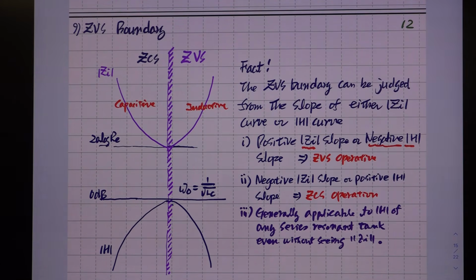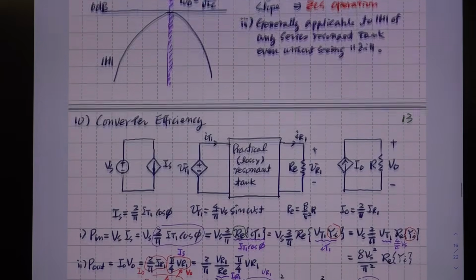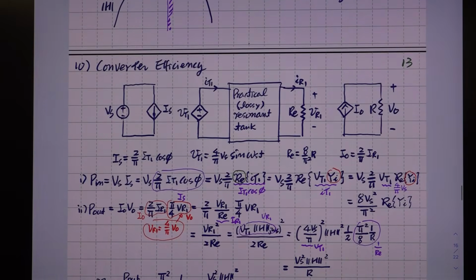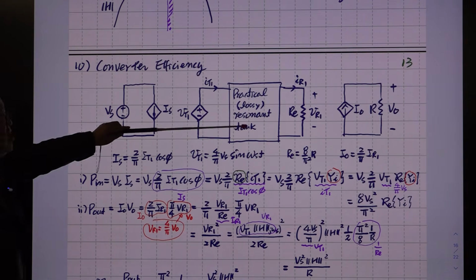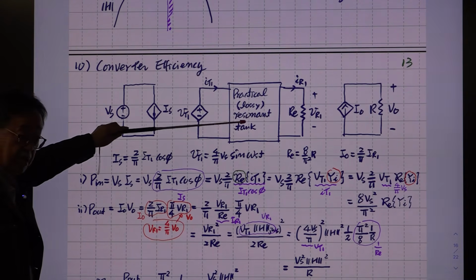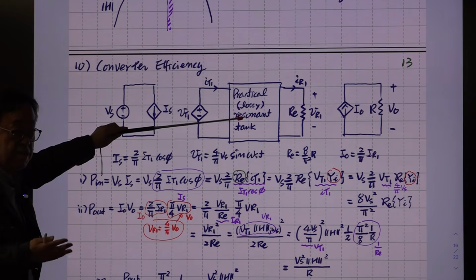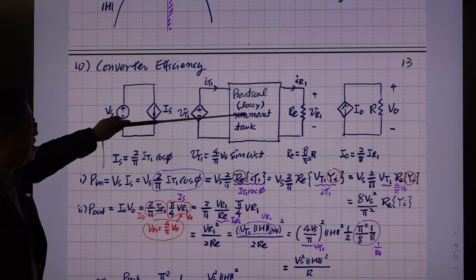Another important piece of information from the AC model of the resonant tank is the converter efficiency, right? In evaluating converter efficiency, we are assuming this resonant tank is not ideal. It's practical, lossy. It contains many parasitic resistances.